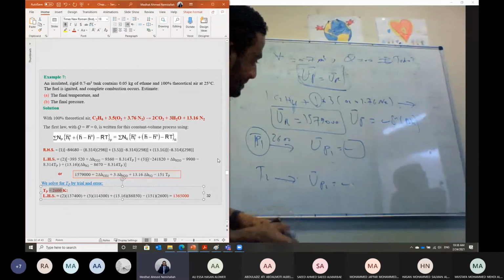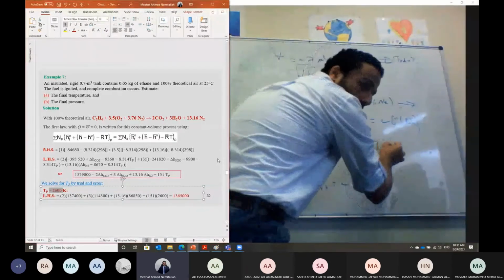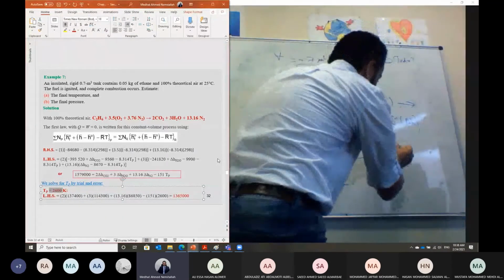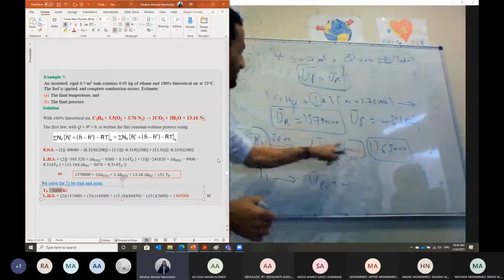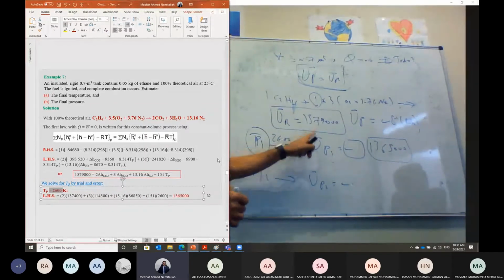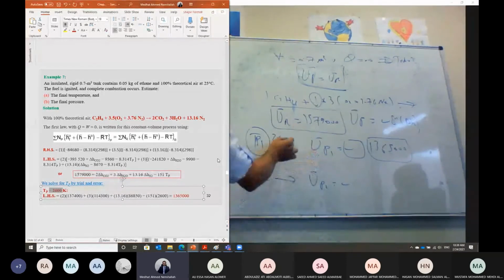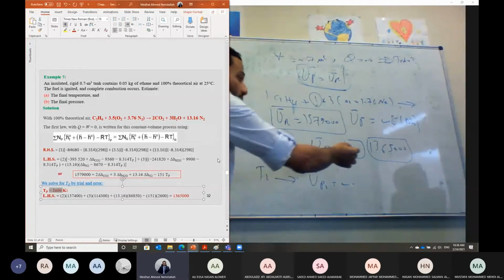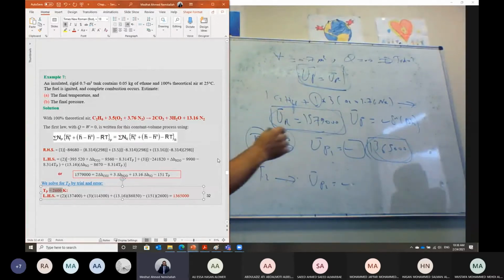When you calculate the internal energy of product, you will find this value is equal to 136,500. So this number, Shabab, is less than what? Less than U reactant. U product should be equal to U reactant. But when I assume this temperature 2600, I got U product which is less than the U reactant.